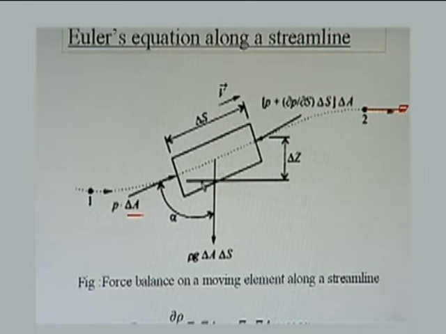For this control volume, what is the pressure acting on this face? Pressure acting on this face is equal to pressure multiplied by corresponding area. So this is the net force acting perpendicular to this face in the direction of S. So P into delta A. What is the net force acting on this face in this direction?